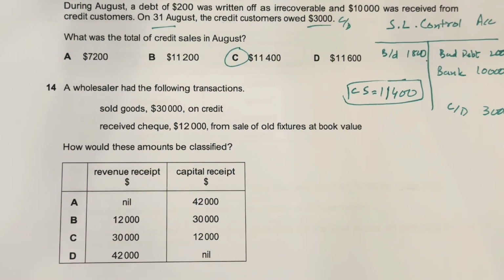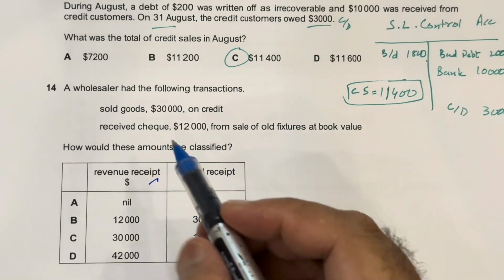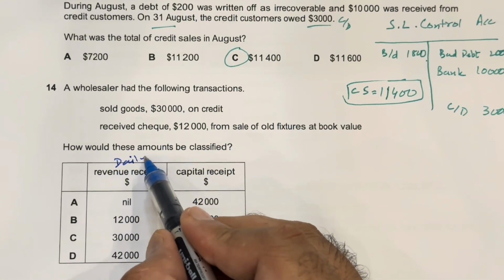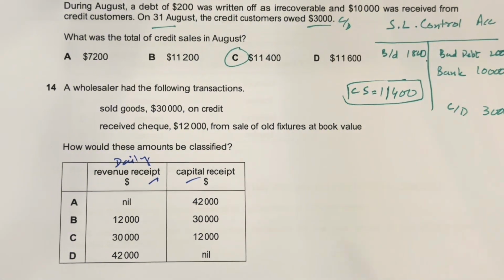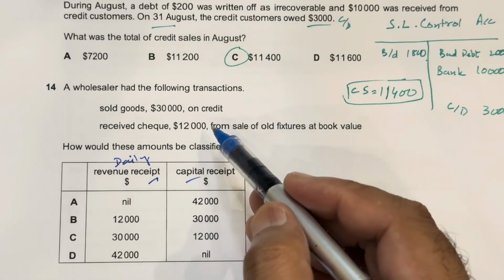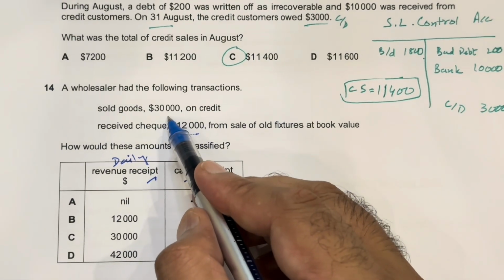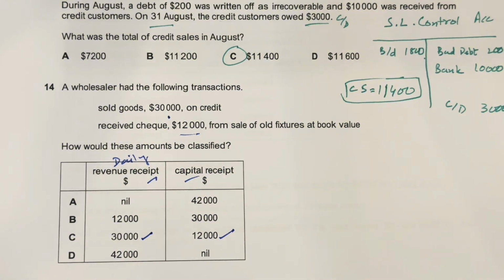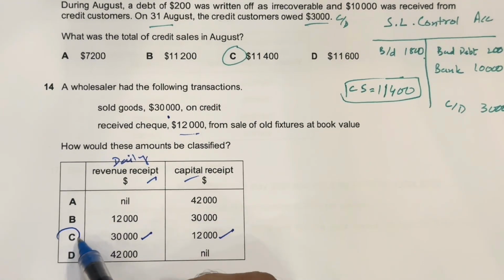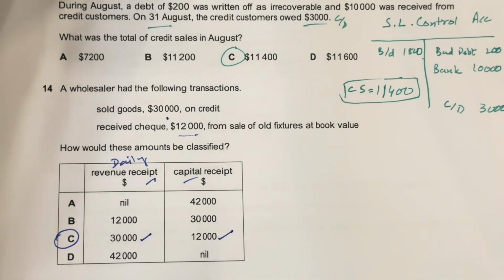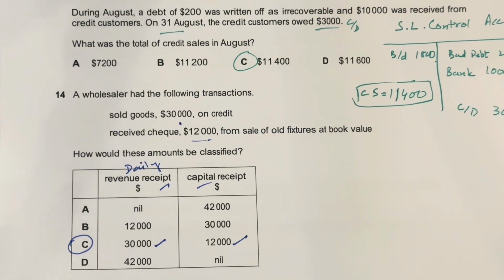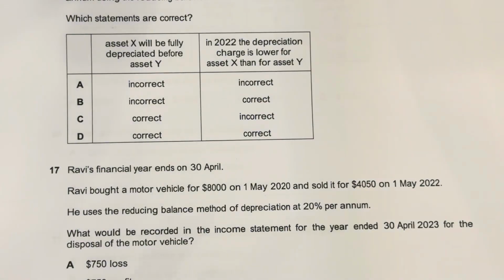We know that revenue receipts are those receipts based on daily business. Capital receipts are those received when we sell an asset. So 12,000 is the capital receipt, and 30,000 is the revenue receipt. So option C is the right answer. This was a simple question where the examiner was checking our concept and clarity about capital and revenue receipts and how we record them.